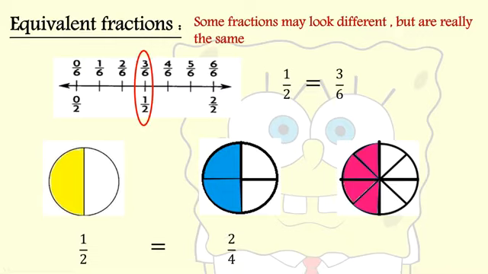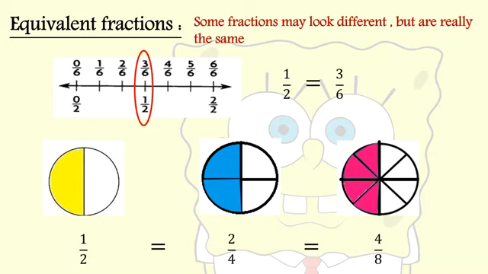The same if I cut the whole pizza into 8 equal pieces and I ate 4 pieces of those 8. That means those 3 fractions, 1/2, 2/4, and 4/8, have the same value.